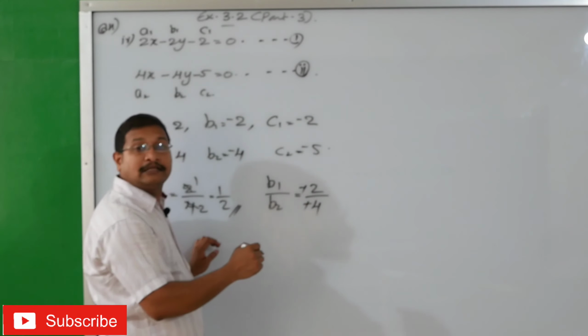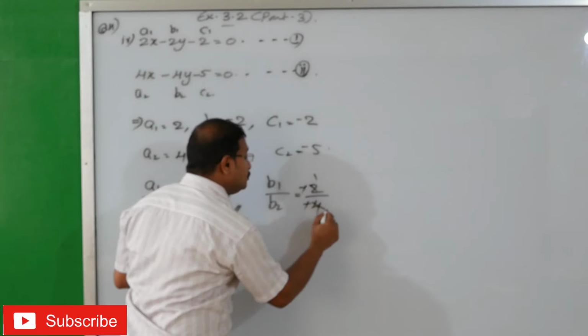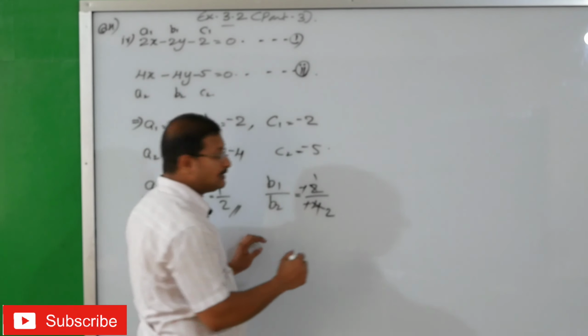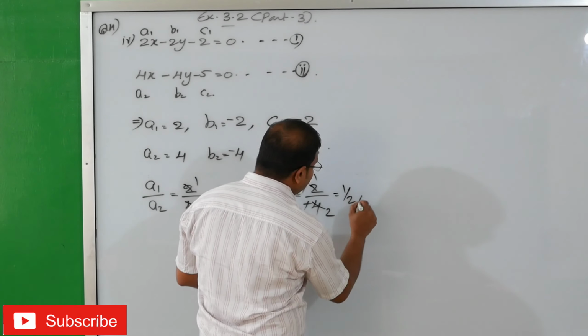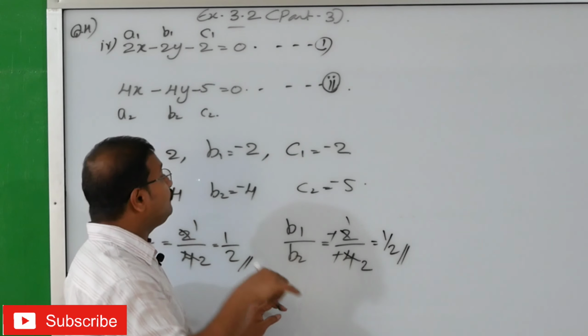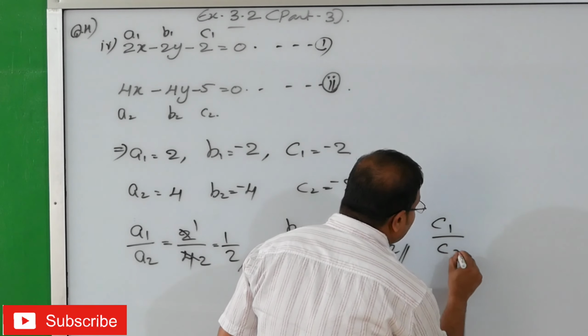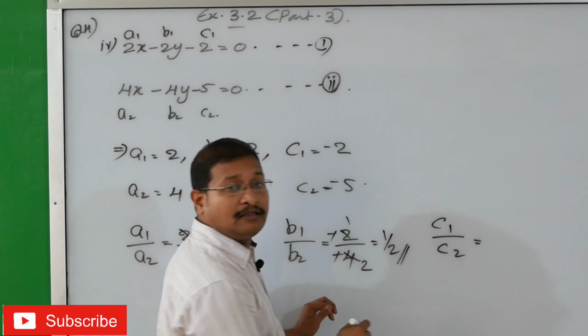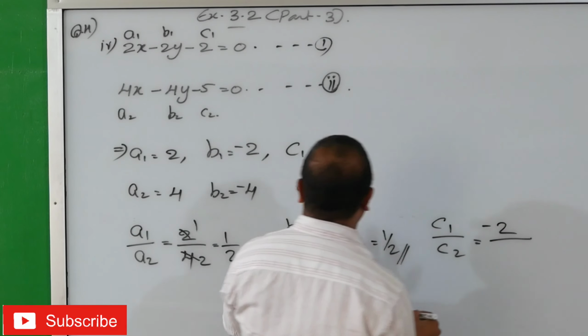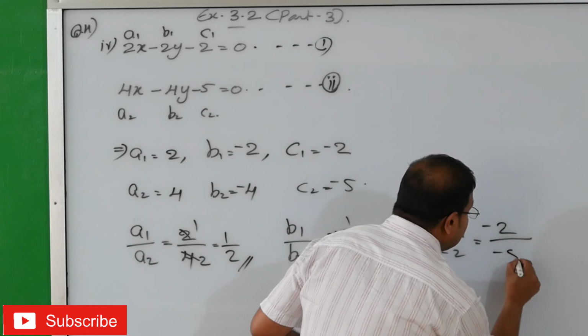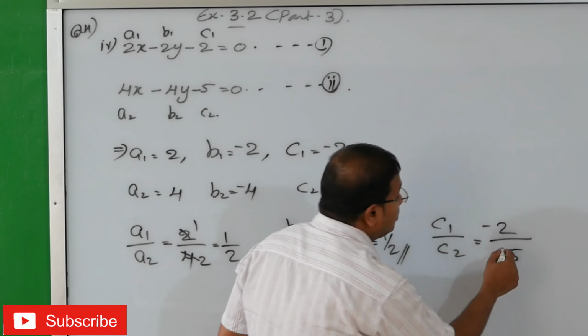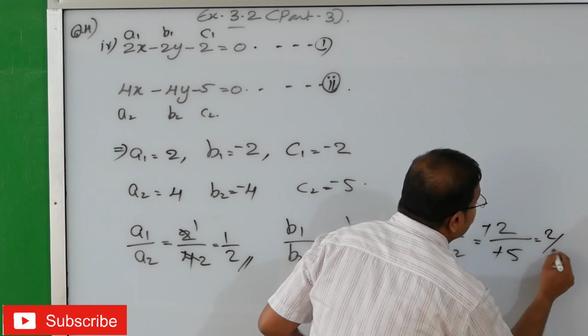Minus will cancel. 2 ones are 2, 2 twos are 4. We are cancelling by 2. That is 1 by 2. After that, c1 by c2. What is the value of c1? That is minus 2 divided by minus 5. Minus we can cancel. That means we got 2 by 5.